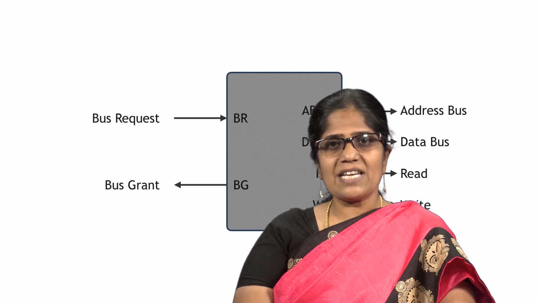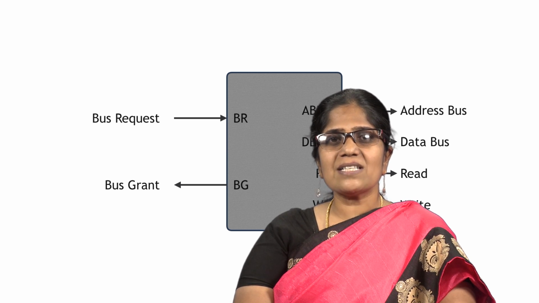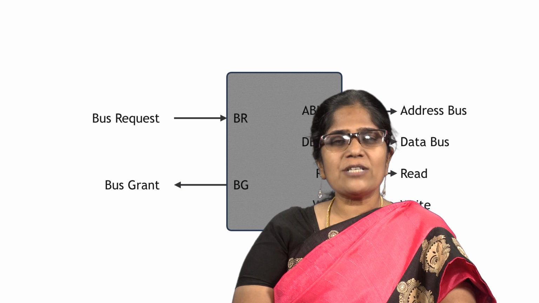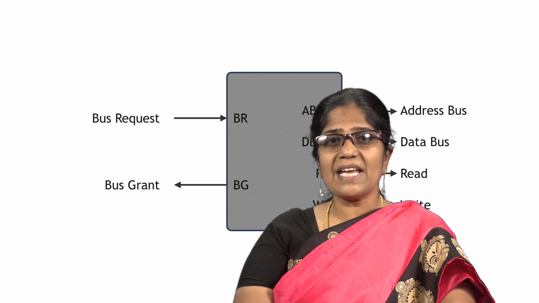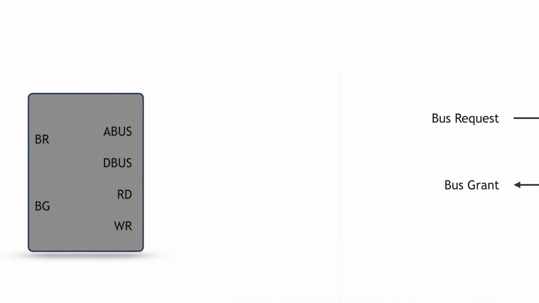The bus request input is used by the DMA controller to request the CPU. When this input is active, the CPU terminates the execution of the current instruction and places the address bus, data bus and read-write lines into a high impedance state. High impedance state means that the output is disconnected.